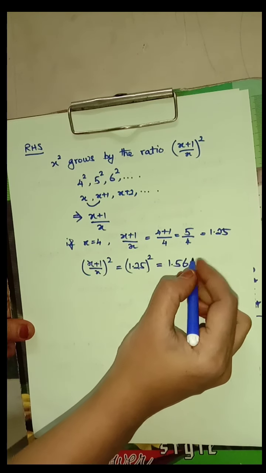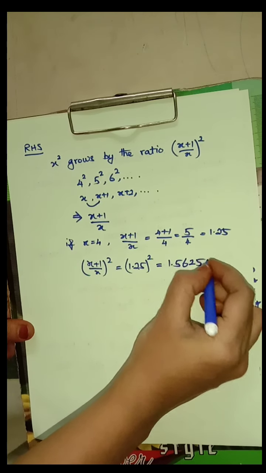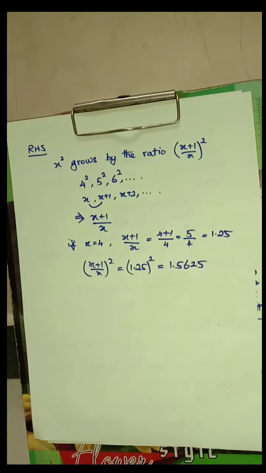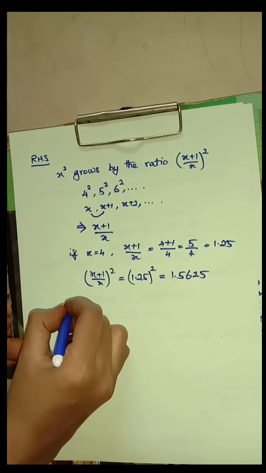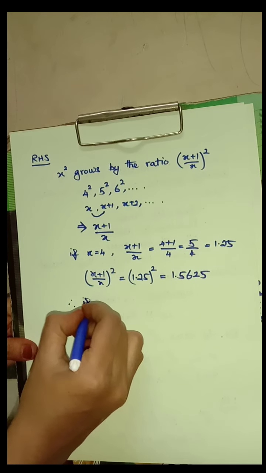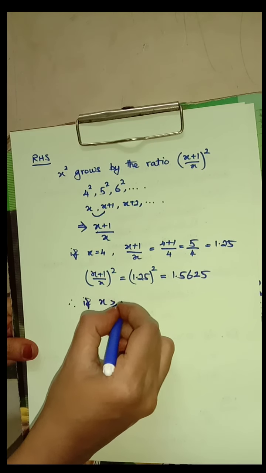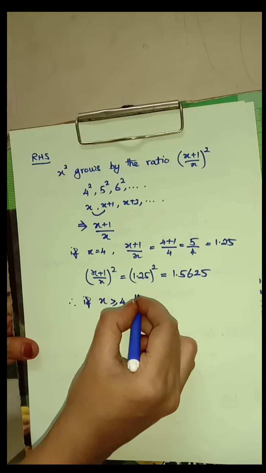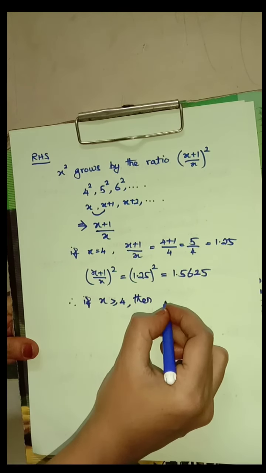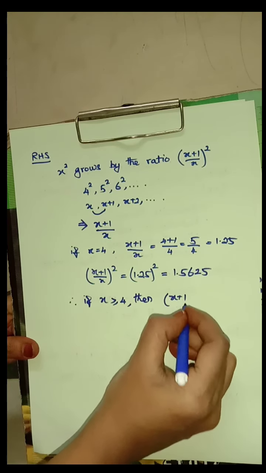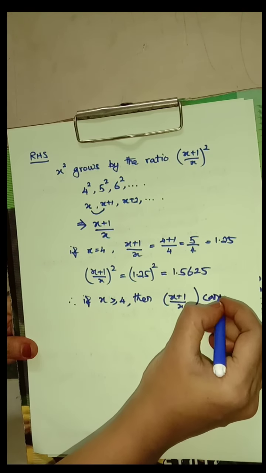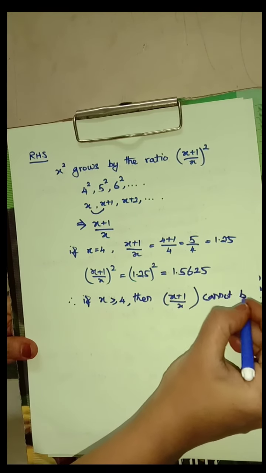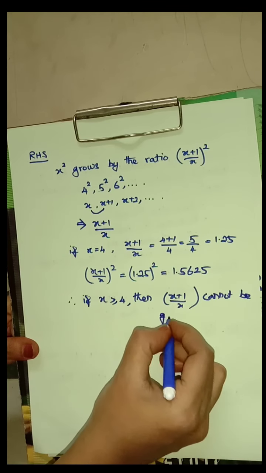So at most the difference is in the range of 1.5625. Therefore, we can say that if x is greater than or equal to 4, then x plus 1 by x cannot be greater than 1.25.